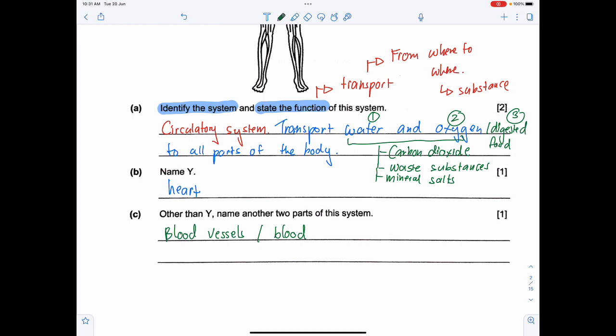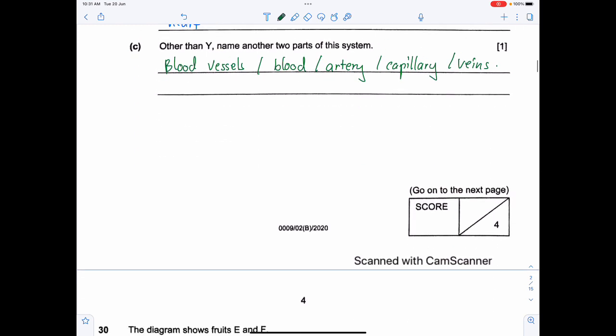Blood is a type of liquid tissue because it's made up of different types of cells combined together. You can say your artery. You can say your capillary. You can say your veins. Any two of these will give you the 1 mark.